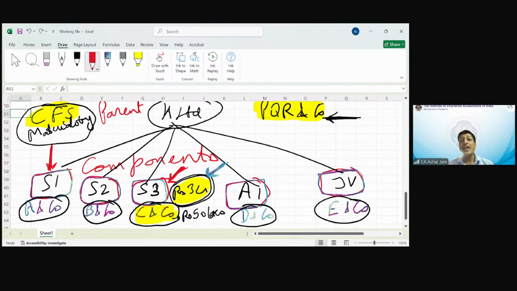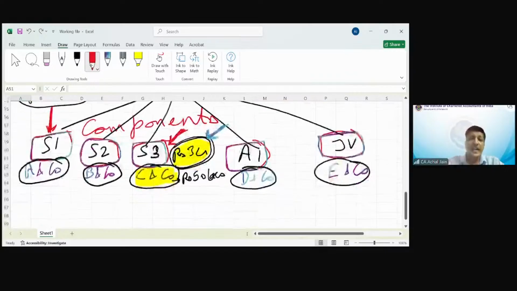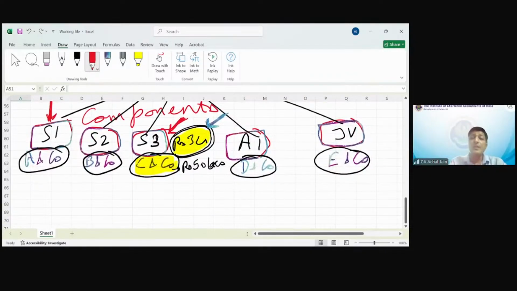And that's why the parent auditor sends a complete list of instructions to every component for performing the procedures in relation to such component audit. And in some of the cases, the parent may decide that S1 is important because it's significant, so its scope will be full audit.